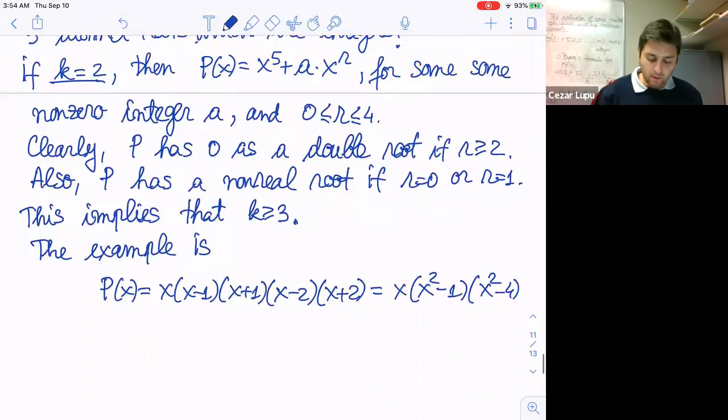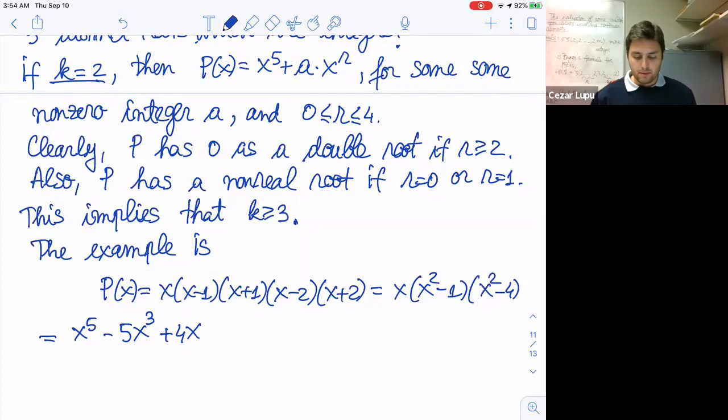If we multiply all this together, this will give you a degree 5 polynomial, which will be x to the 5th minus 5x cubed plus 4x. Yes, plus 4x. And this shows, in fact, that k equals 3, and that's it.